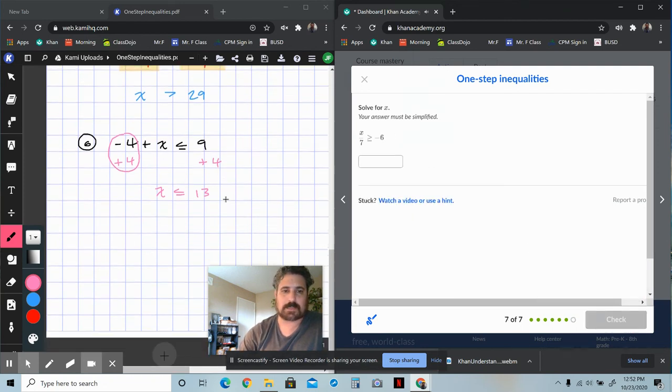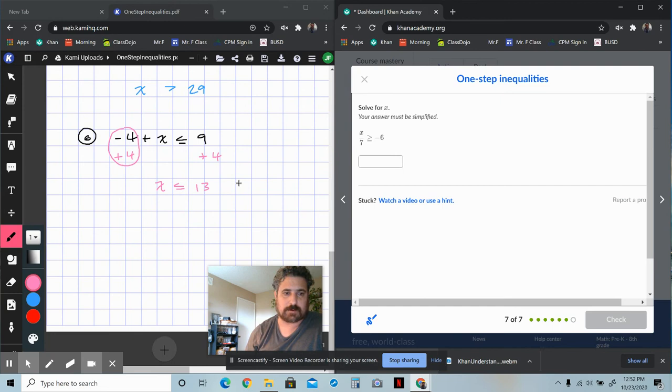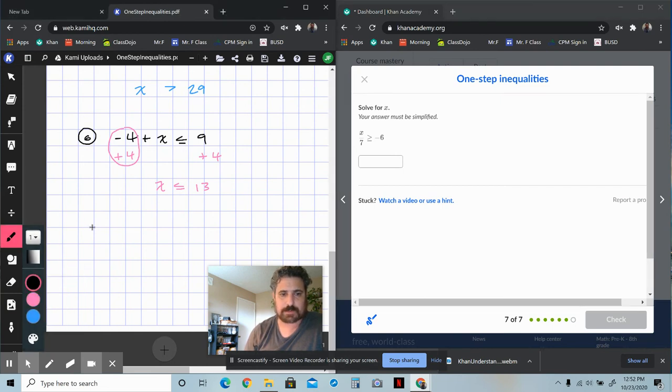And last but not least, we have another pretty easy one here where we don't have to switch anything. And that's because it is just x over 7 is greater than or equal to negative 6. You're not going to undo this by multiplying by a negative. You're going to multiply by a positive, right? Because how do you undo divide by 7? You multiply by positive 7. And when you multiply both sides by positive 7, these cancel out. 7 over 7 is 1, so you get 1x.